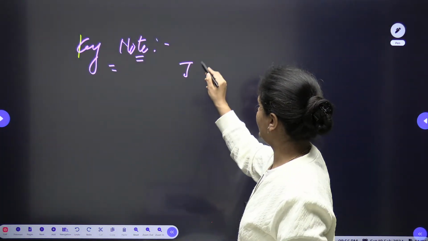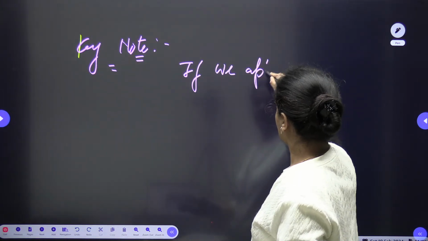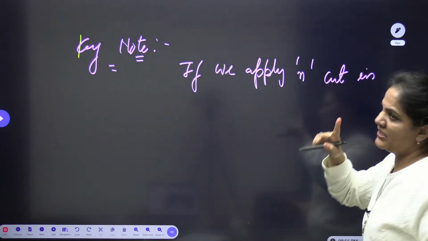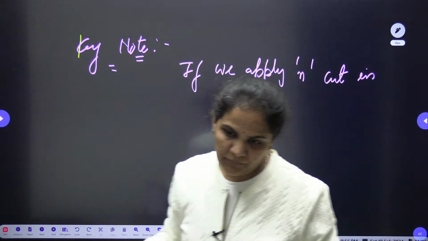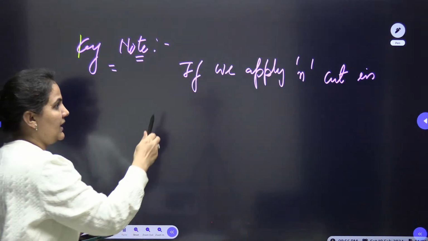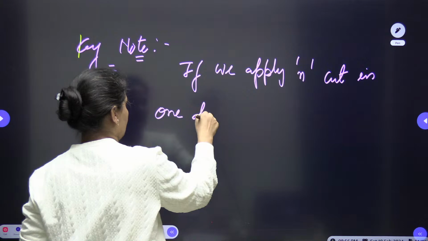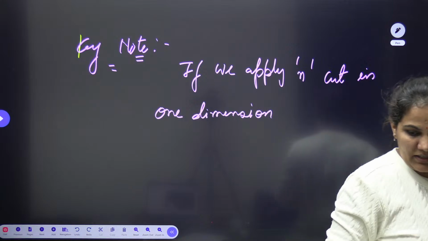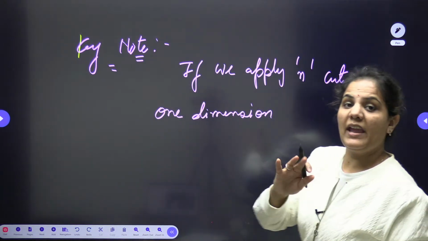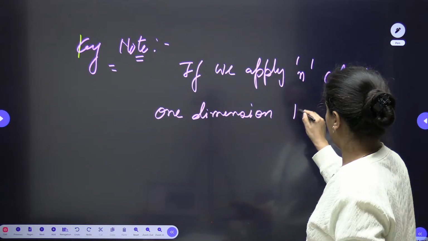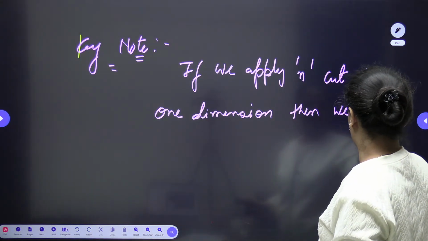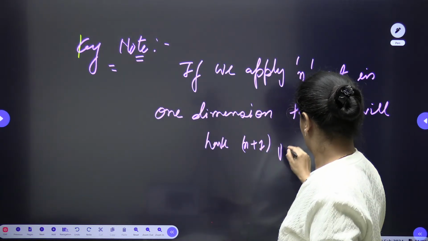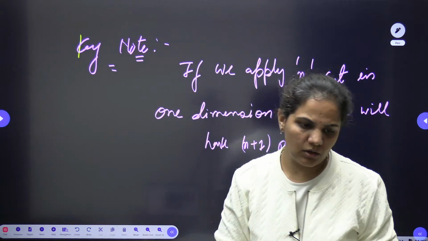If we apply n cuts in one dimension, we will have n plus 1 pieces. Now what is the meaning of this?